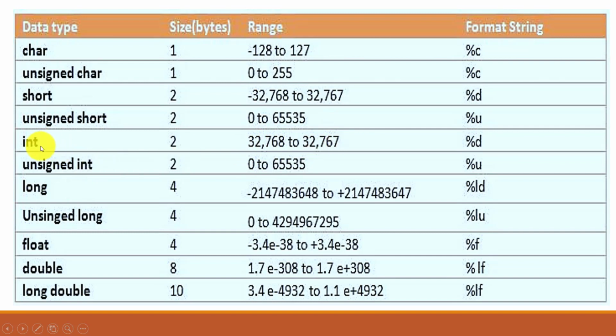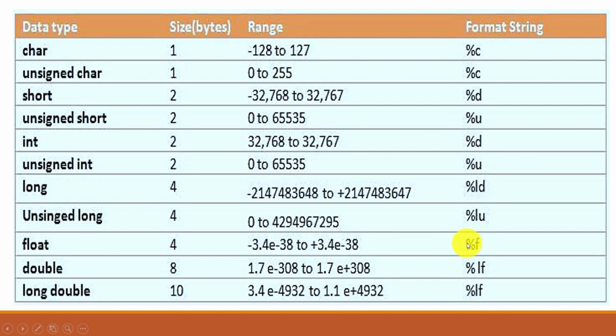This is for numerical digits, and the format specifier is %d. Float is 4 bytes, and it can be represented with %f. Mainly while performing programs, we use character %c, integer %d, and float %f.